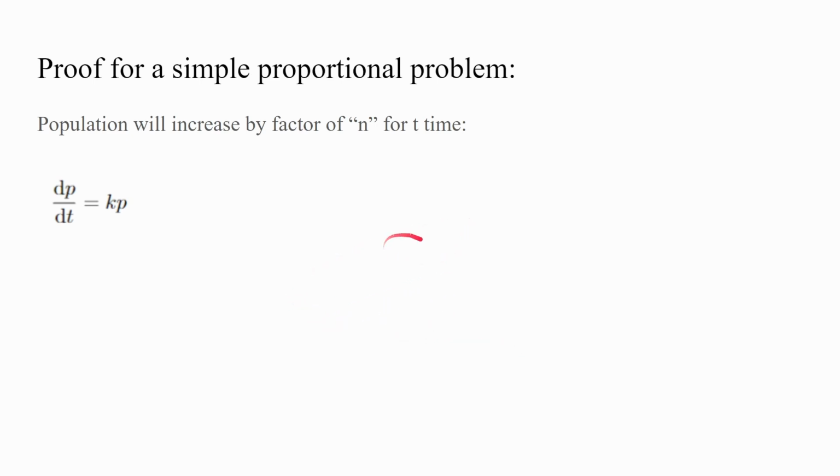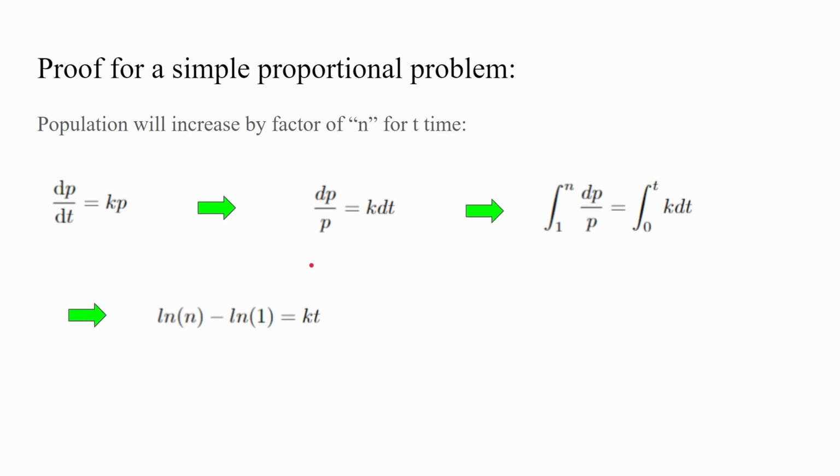I think I actually have a proof for that. The population will increase by a factor of n over time t. Natural log of n, and that makes sense. You just solve for k.